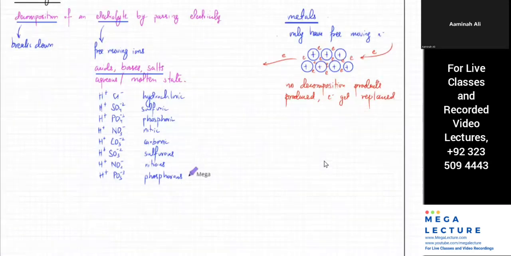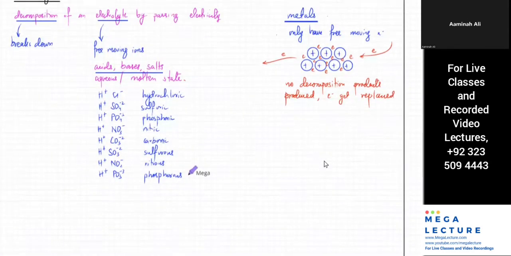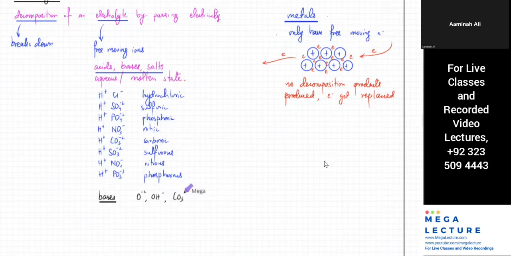What are bases? Which compounds are bases? They dissociate OH minus ions. We're not going to go into details about what bases really are. They're basically compounds that are oxides, or have O -2 ions, or OH -1 ions, or carbonates, which are also bases. So any carbonate, any metal oxide.